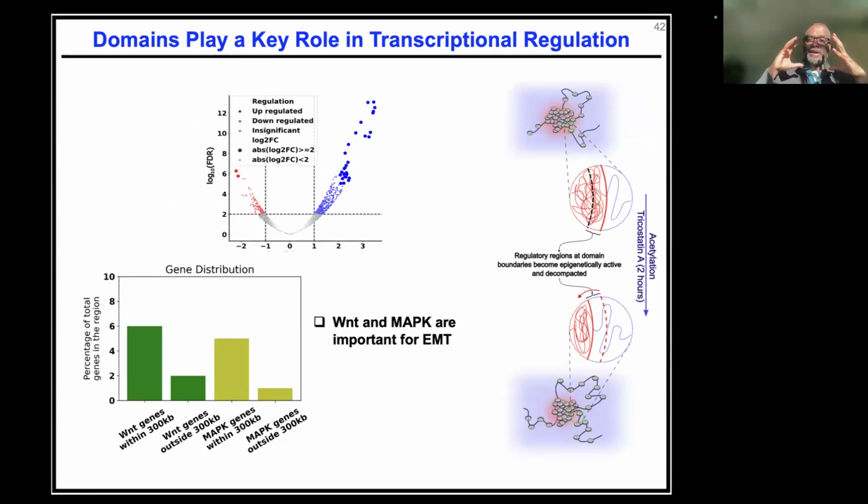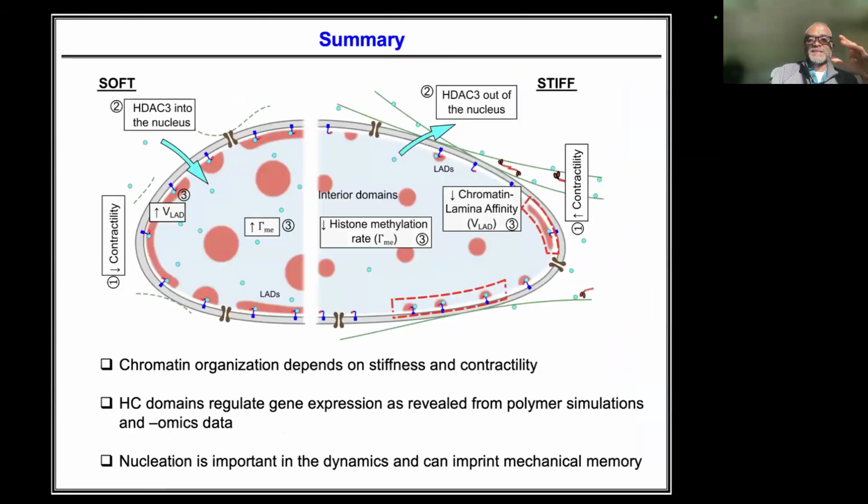So there's a very important principle of this organization where the housekeeping genes may be elsewhere, but the relevant genes are actually placed next to these domain boundaries. So when you change stiffness or treat with a drug, all that's happening is you're just opening and closing what's happening near the boundary.